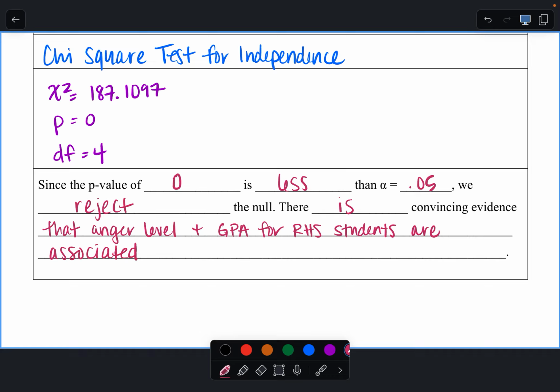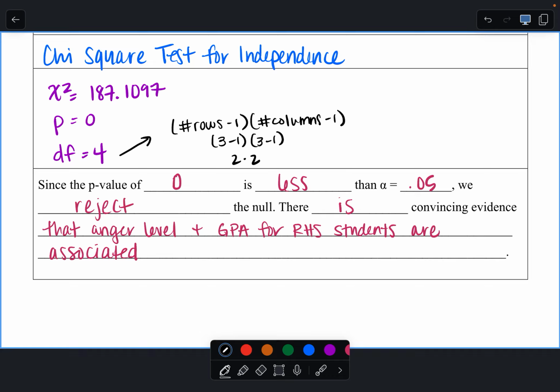I'm thinking of all the possible multiple choice questions that could come from chi-squared, which is where it's usually most popular. If you were asked to calculate the degree of freedom, that's your number of rows minus 1 times your number of columns minus 1. So that's 3 minus 1, 3 minus 1, 2 times 2.